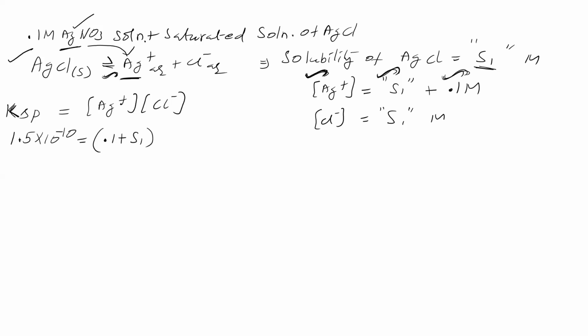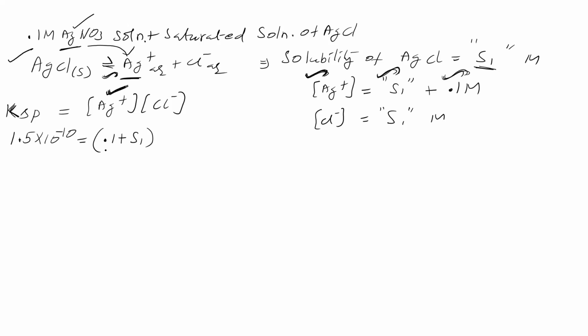You see that this is the concentration of Ag plus in the resultant solution, which is in equilibrium with the AgCl solid. Understand that this square bracket Ag plus means the concentration of Ag plus in the resultant solution at equilibrium with solid AgCl.